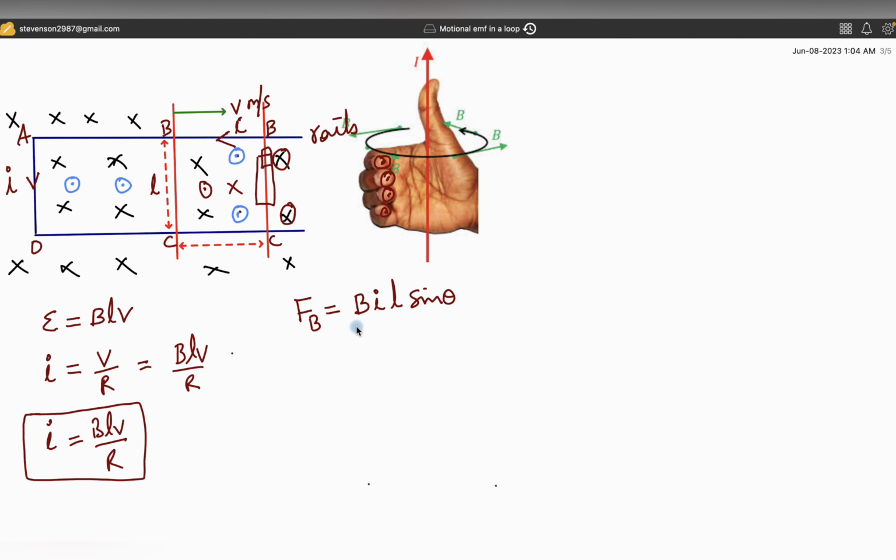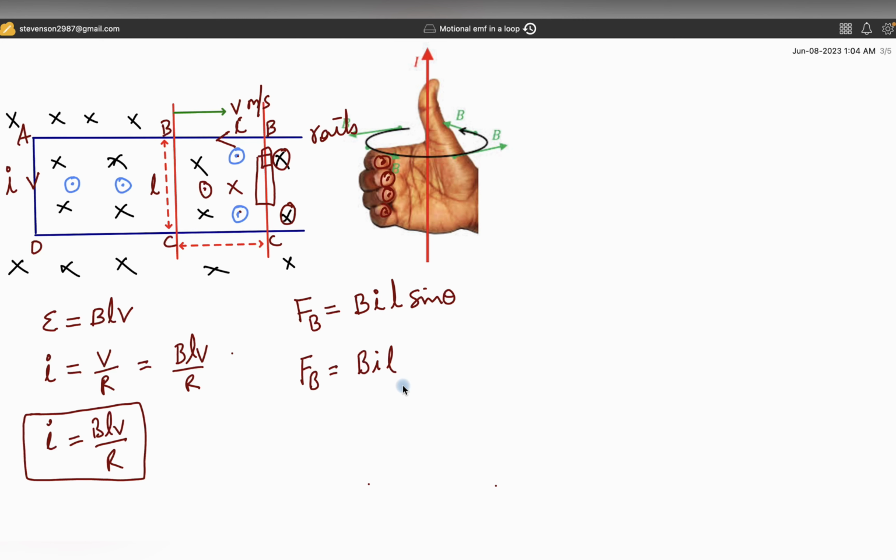For us, the external magnetic field is going into the page, and the length of the wire is perpendicular along the screen. So the angle between them is 90 degrees, and sine 90 equals 1. So the magnetic force on that wire will be BIL. This is the maximum magnetic force that is going to act on that red colored wire.